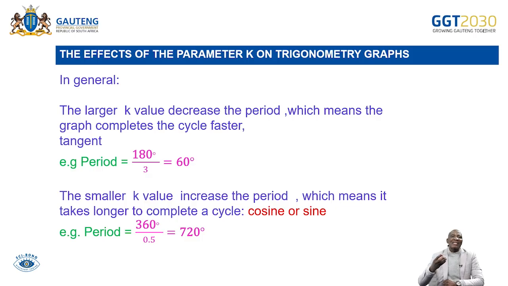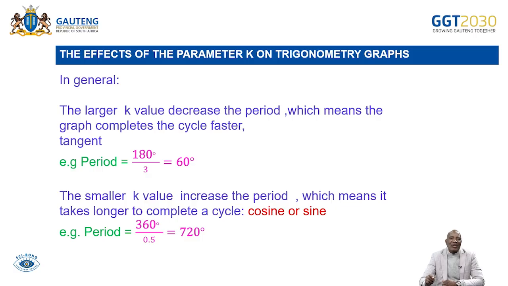Which means the graph completes the cycle faster, because it's completing within 60 degrees now, not 180, neither 90. That's the effect of changing that k. The bigger the k, the smaller the period. The smaller the k, the bigger the period.